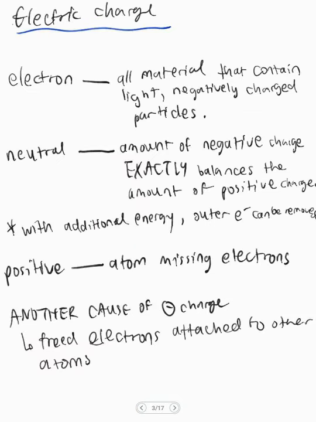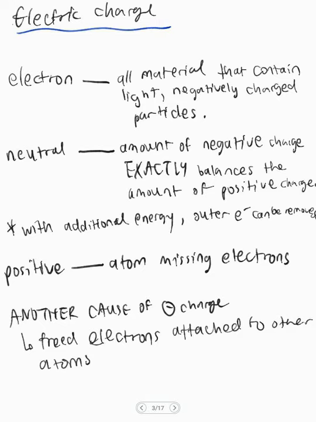Okay, so here are the terms that we have to know. All material contains negatively charged particles called electrons, and neutral is when the amount of negative charge is exactly balanced by the amount of positive charge. With additional energy, the outer electron can be removed.